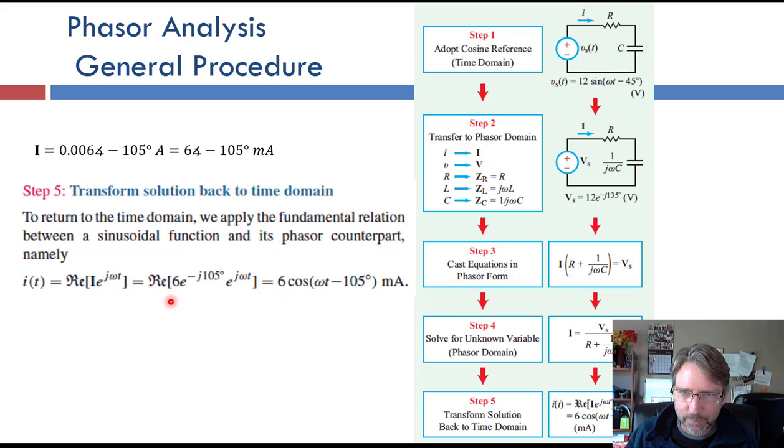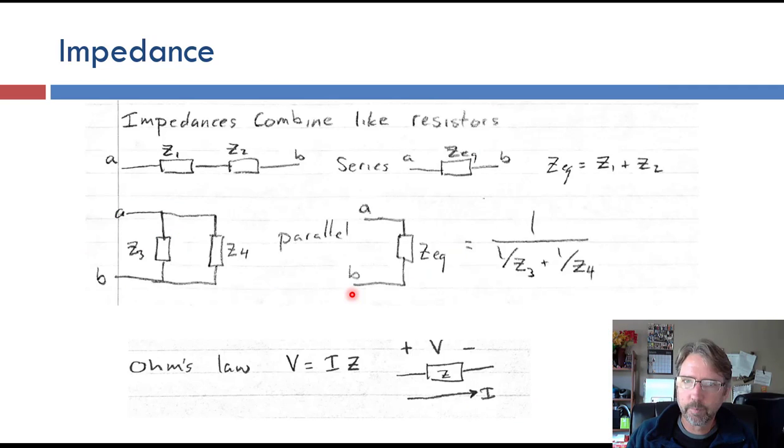Really we just take the amplitude and put it here. We write cosine omega t, and we take the phase and put it right there. This was in milliamps because it came from the book in milliamps, or you could do 0.006 amps, either one would be fine. So just don't forget this last step because it is an easy transform back.